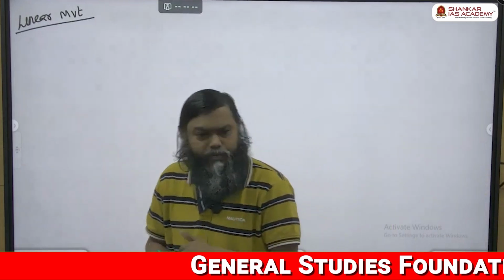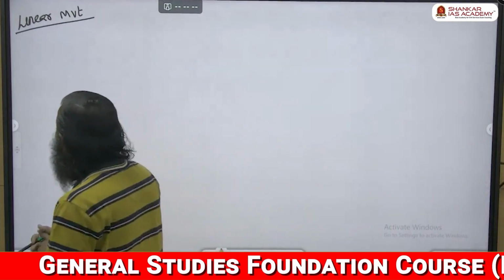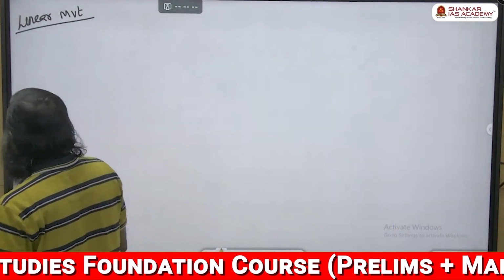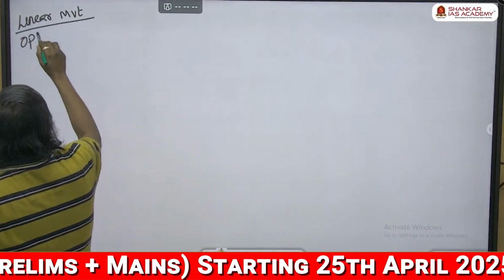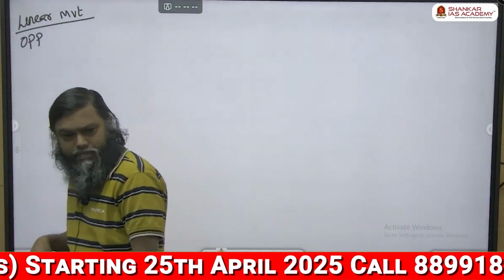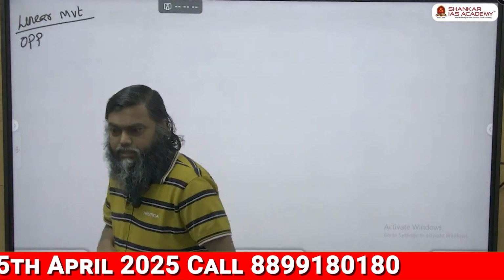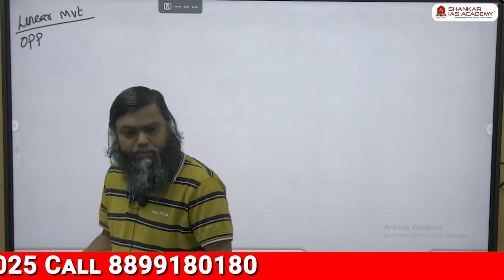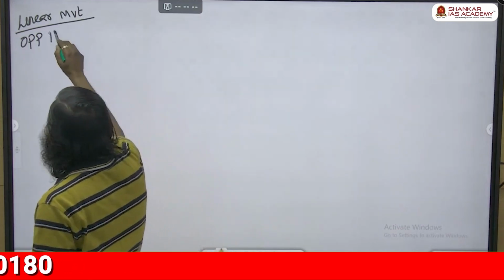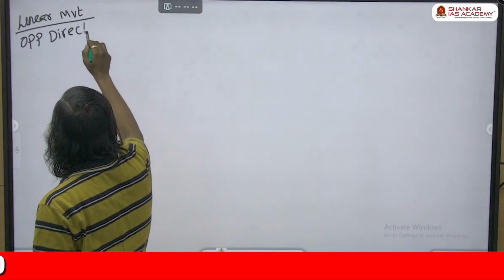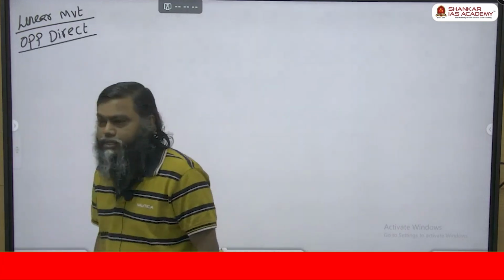You forgot sitting arrangement. You started class last year, now also not finished. How many classes are we doing? It's 21st class only, 1.5 months.